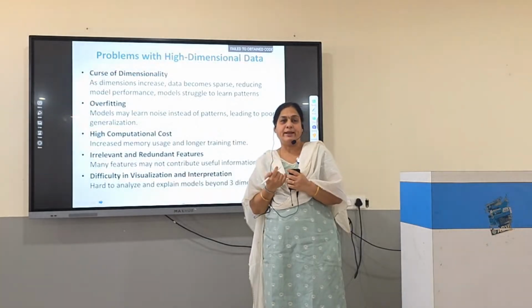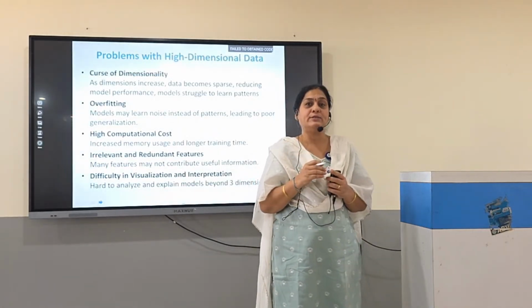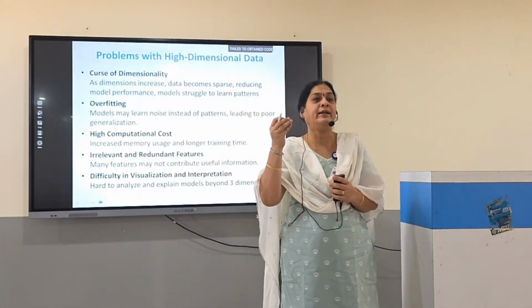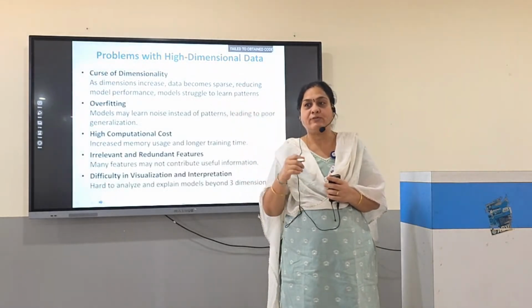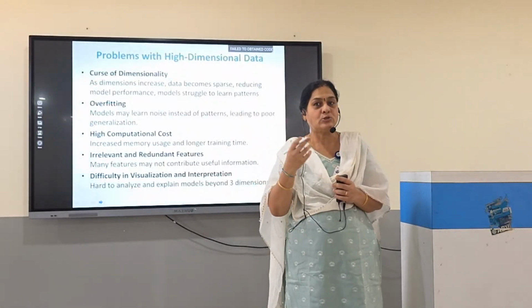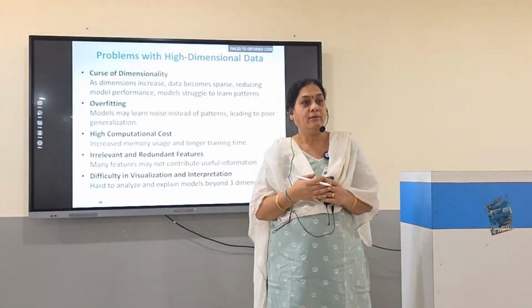For example, take the student data itself. What I was saying, you have the student roll number, name, age, height, weight, marks, and whether you are going to pass or fail. Do you think all the features are required for predicting whether the student is going to pass or fail?